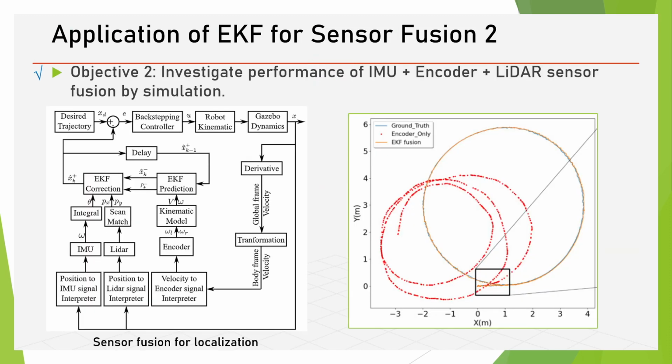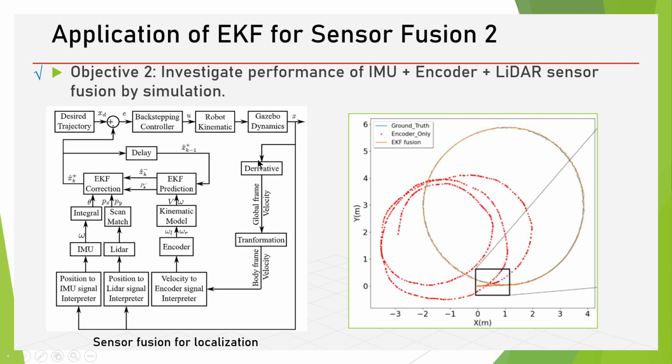This one is also sensor fusion, using three sensors: IMU, encoder, and LiDAR sensor. But we only conducted the simulation. From robot kinematics and dynamics inside a framework that already exists, the dynamic model exists inside the environment already.